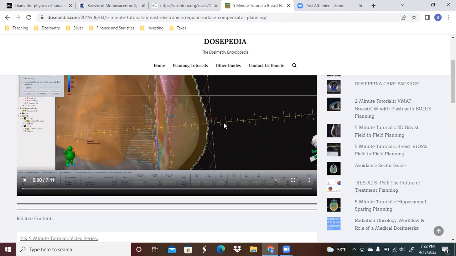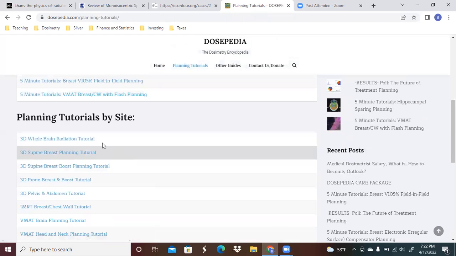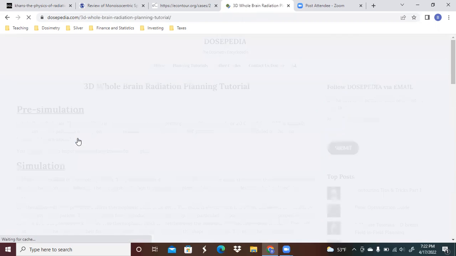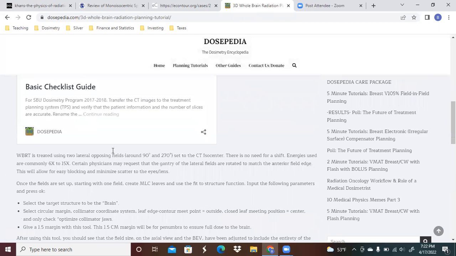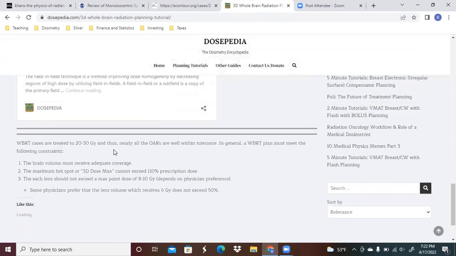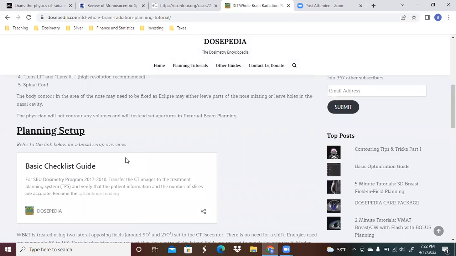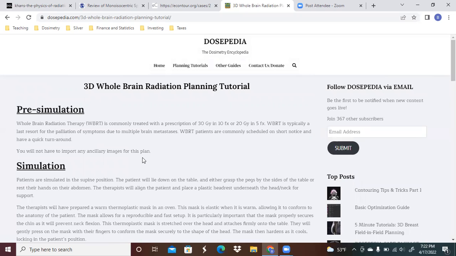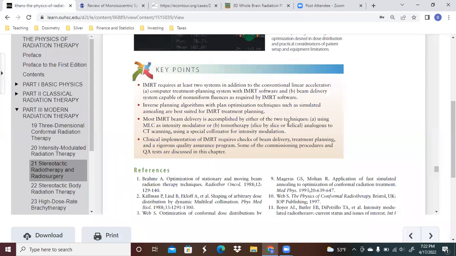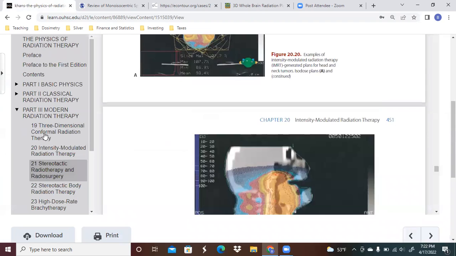Other areas, particularly when it comes to, say, whole brain, you might be just shooting those with opposed laterals. It could be with a very basic block, or it could be to the point where you use what they call field in field, where you draw one huge volume.